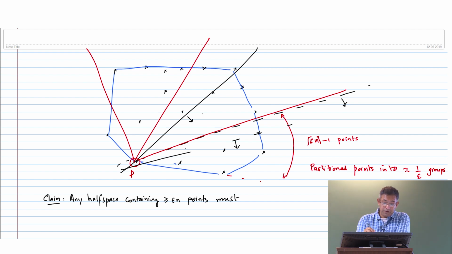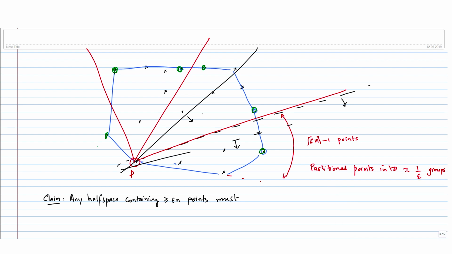So now I claim that if you pick, for every wedge, every red ray that you've picked, the two ends of the convex hull, let me choose another color. Let's pick the two ends of the convex hull for each of these rays. Then the number of points you have chosen is about 2 over epsilon, right? This is the set Y.